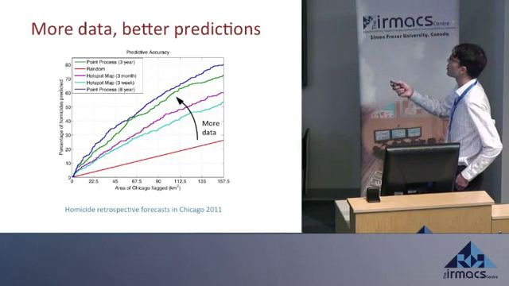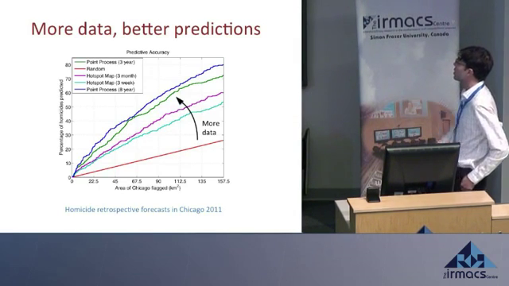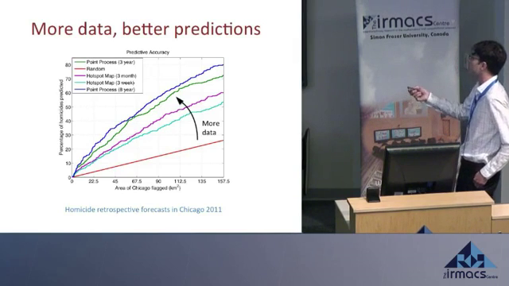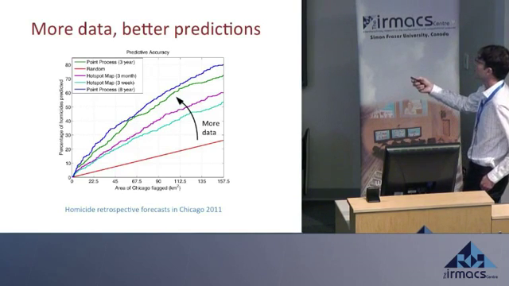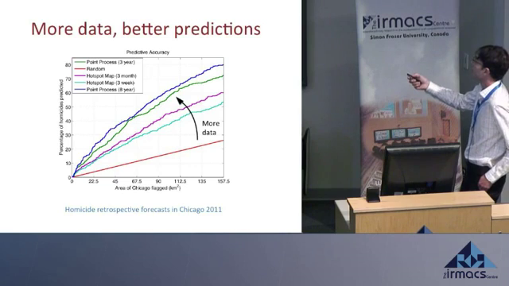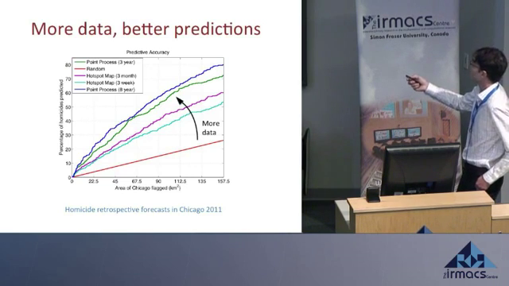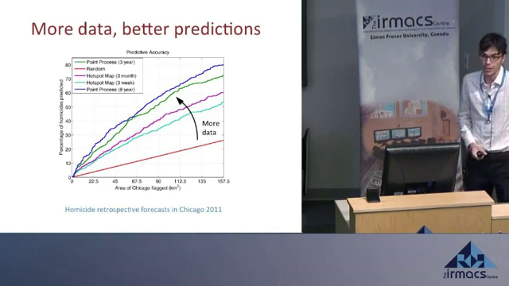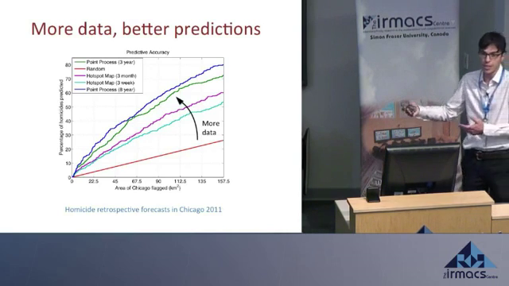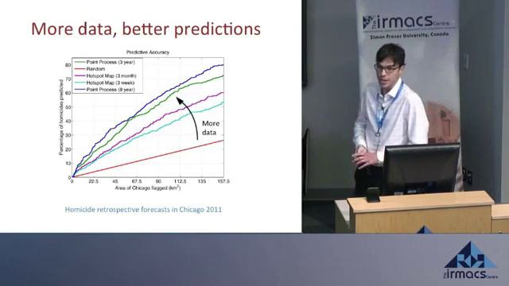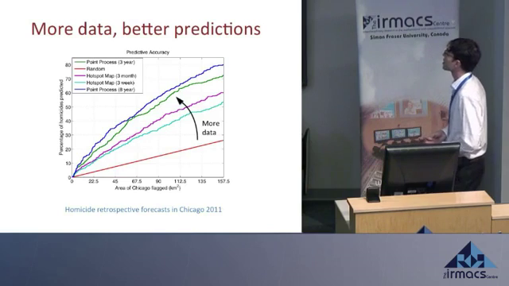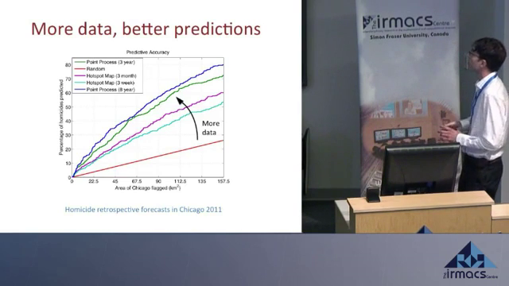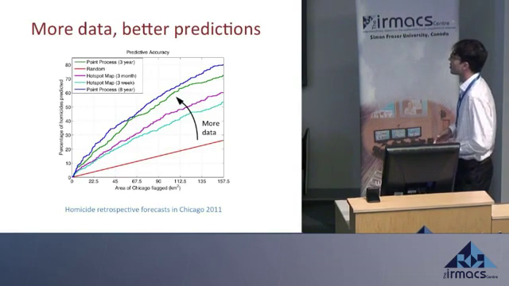So if you use a point process fit to 3 years of homicide data in this retrospective forecast, then this is the accuracy you get. And if you decide to go back 8 years, you get even a little bit more accuracy. And of course, there's a diminishing return eventually. But I think it's important to recognize you really do want to use all of the data at your disposal.